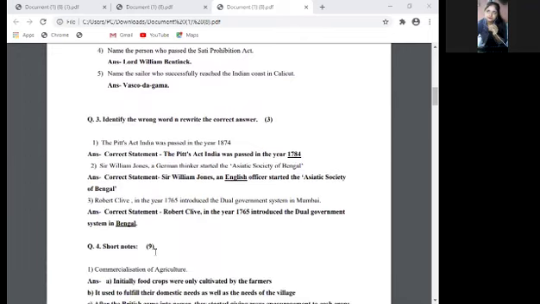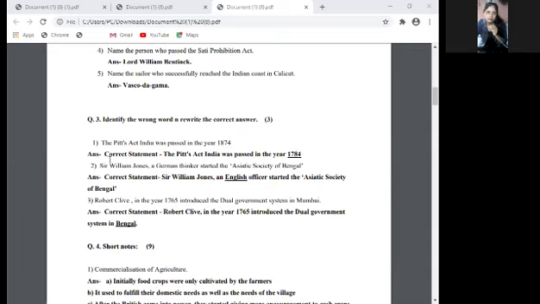Then we come to the third question, which is identify the wrong word and rewrite the sentence. So over here, you specifically had to identify which is the wrong word out of the given statement, and you have to underline the wrong word after rewriting the sentence.